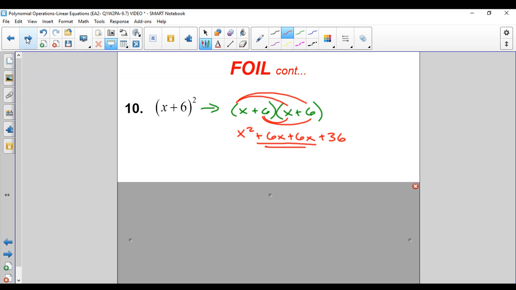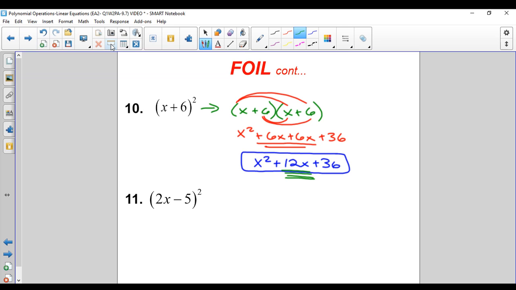Combine like terms in the middle. Get a plus 12x and a plus 36. There's our answer. A lot of people forget about that middle term. We need that middle term in these ones.